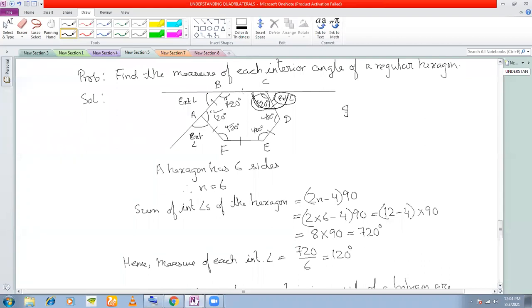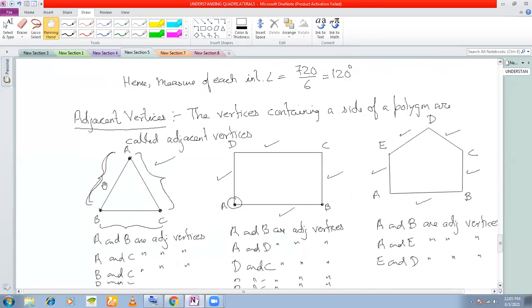180. So therefore we can say each interior angle plus each exterior angle must be equal to 180 degrees, because they are angles on the same straight line. So this becomes our formula number 3. Let's write it.